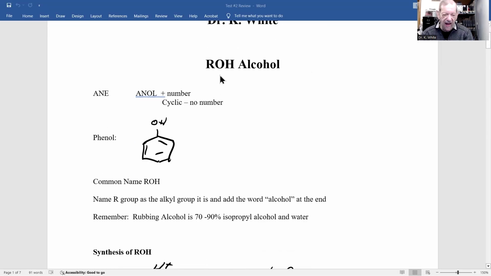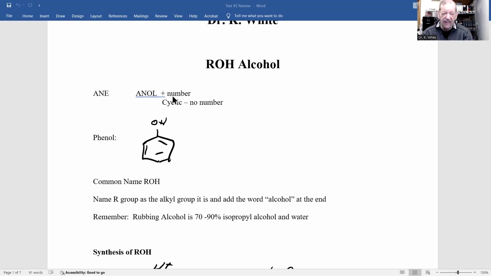First, let's talk about an alcohol. What is an alcohol? A hydroxyl group, OH, on a carbon. And for any carbons, we use the letter R. That's an alcohol. Now, how do you name them? Name the longest chain or ring as an alkane or cycloalkane. If it's an alcohol, you drop the E, add OL.